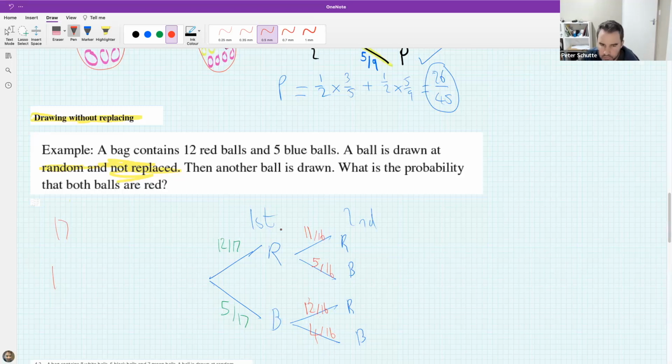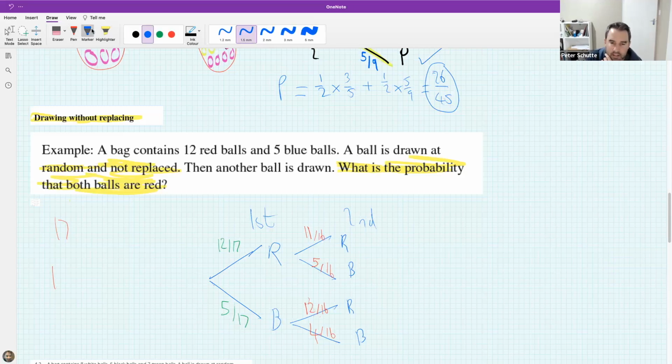Okay, so you have now learned how to do a tree diagram where the events are not independent. They depend on each other, but it's a very similar idea. Now, I want you to try and work out what is the probability that both balls are red. So if you take one out, it's a red, you put it aside, and then you choose the next one.